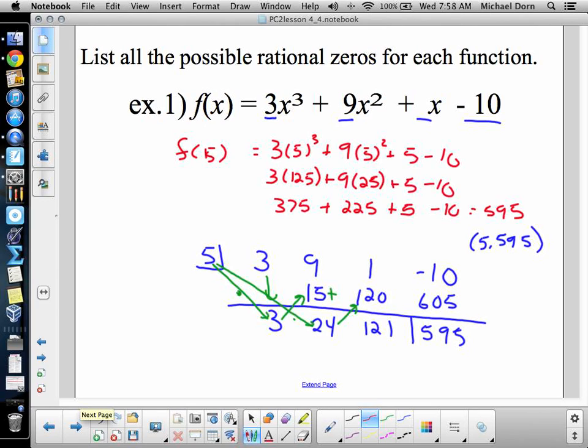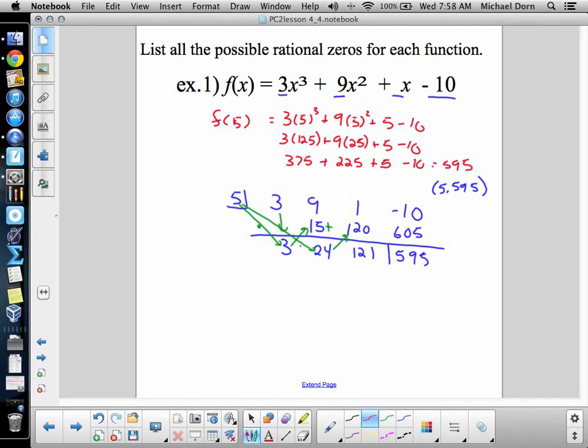But the question is, let's just list the possible rational zeros for this function. Don't test them. Let's just make a list. So the numerators have to be the factors of 10. So for p, what are the factors of 10? Well, 1, 2, 5, and 10.